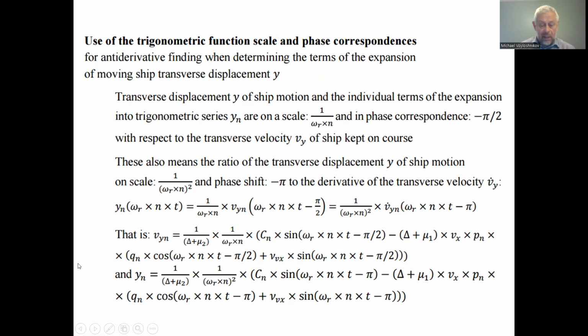So after the substitution, we have the term of the expansion of translational displacement into the Fourier series. Having this formula, we next transform with the phase correspondence minus pi with the extra factor ahead of the brackets when finding the term of the expansion of the translational velocity.